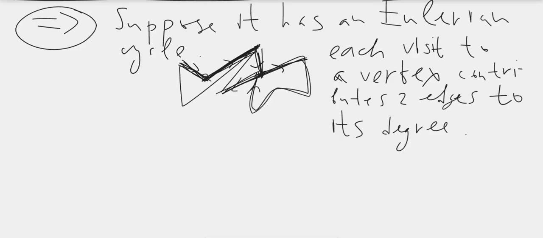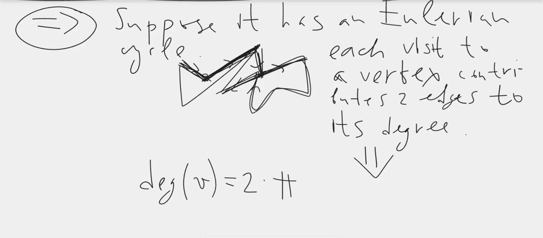it follows from this that the degree of vertex v would be equal to 2 multiplied by the number of times the Eulerian cycle visits this vertex.